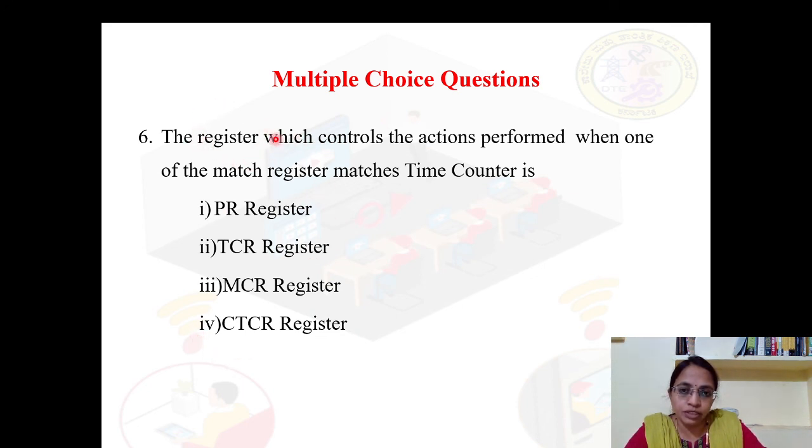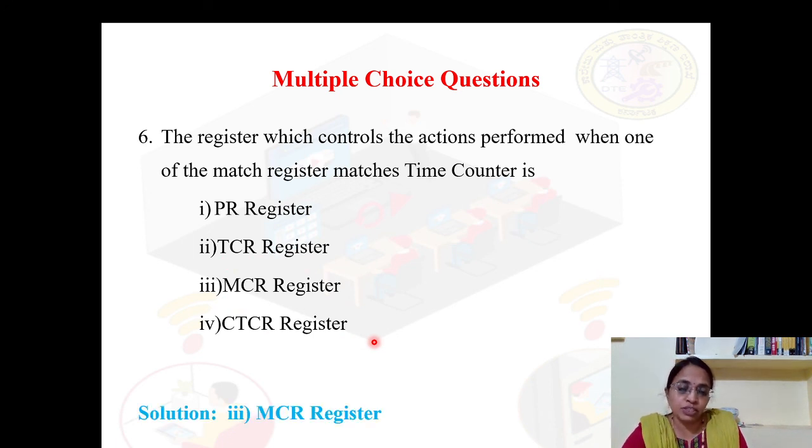You have to identify the register which controls the action that will happen when match register and timer counter value become the same. When both these values become same, what action will be performed? That is decided by which register. Yes, the answer is match control register.